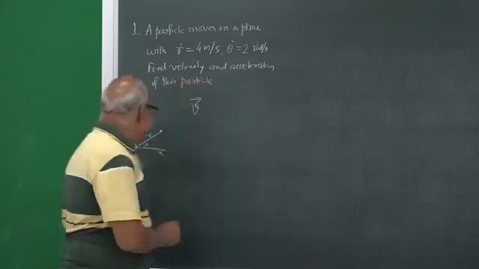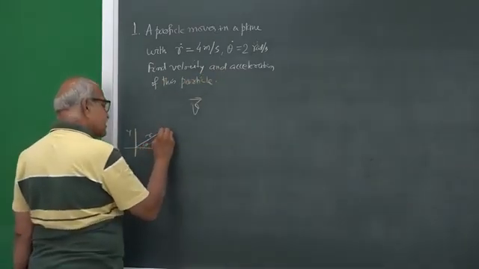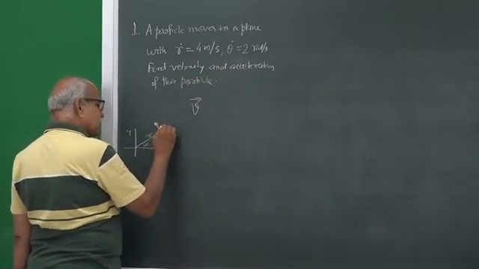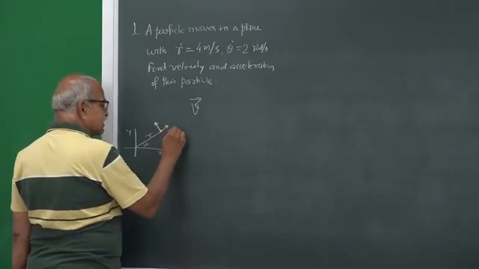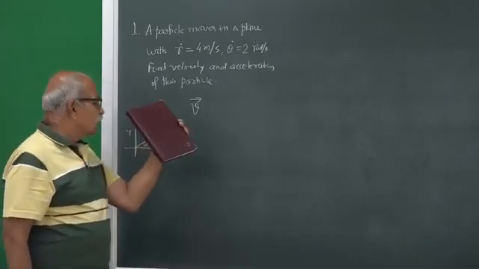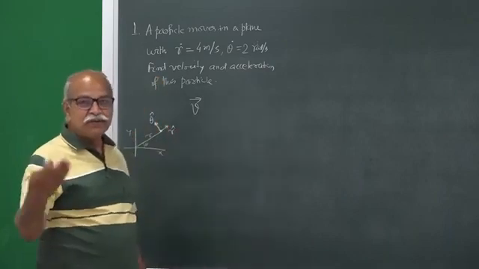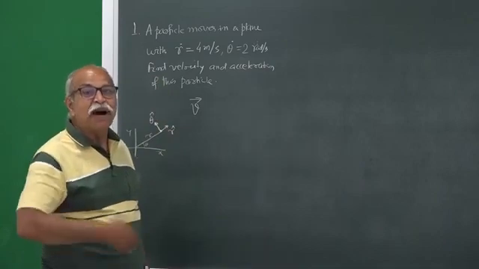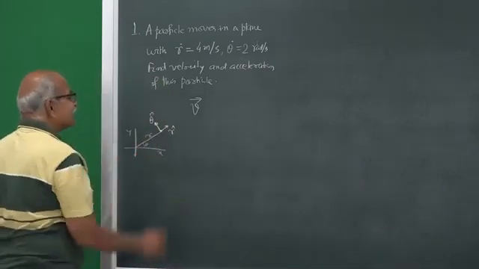I call this theta cap direction the transverse direction, and r cap direction is the radial direction. So, this is r cap and this is theta cap, although this book calls it tangential, but tangential would mean tangent to the path, not perpendicular to the radial.